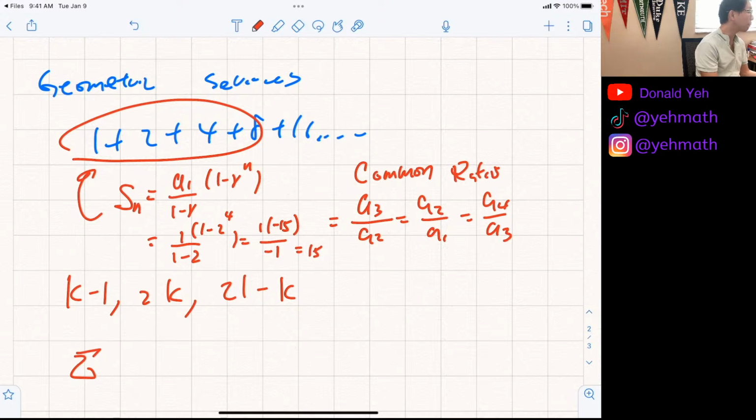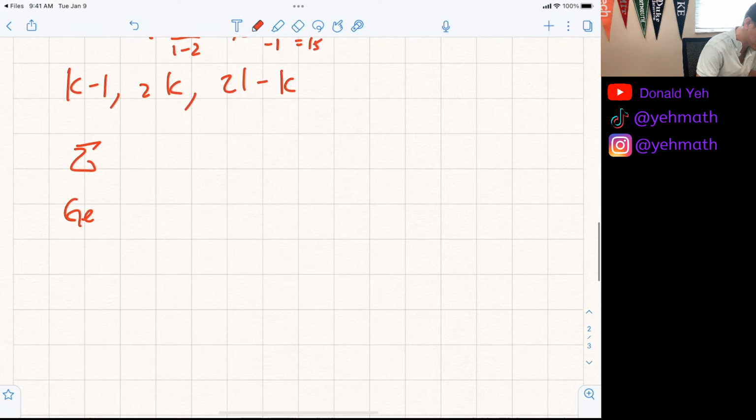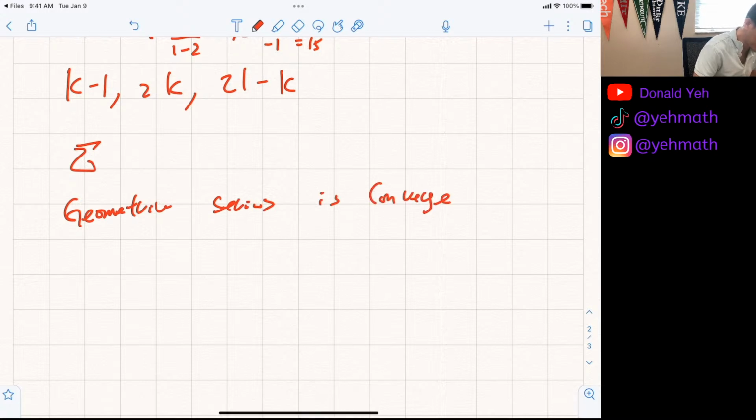r is less than 1, but actually it's even more precise. It's the absolute value of r. So a geometric series converges only if the absolute value of r is less than 1. Because r could be negative one half, and that still converges. But what if it's negative 2?